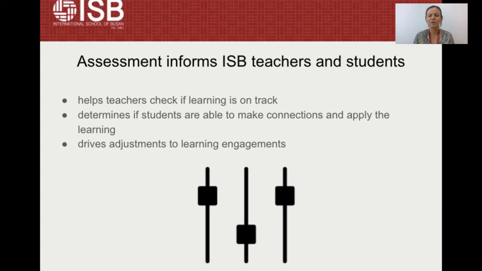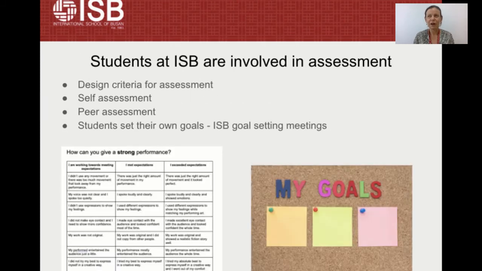Students at ISB are also very involved in assessment. And I know, speaking from my own personal experience, this is something that I didn't have the opportunity to participate in whilst I was at school. So students help design criteria for assessments. And this really helps them think about, well, what are the components for a strong piece of work?